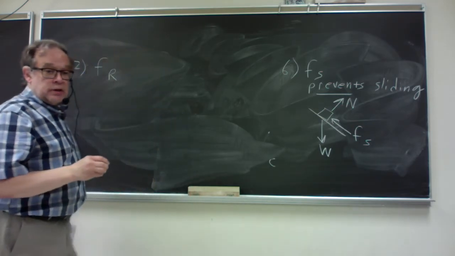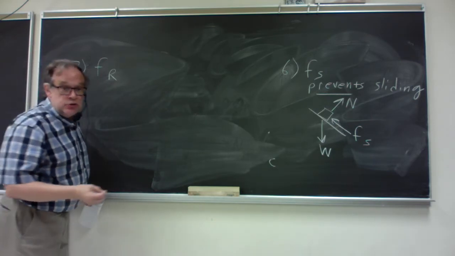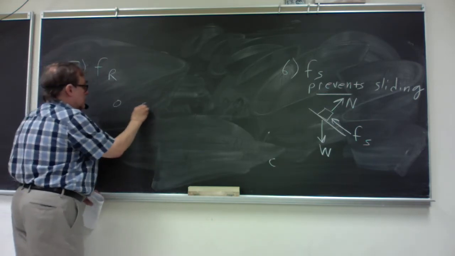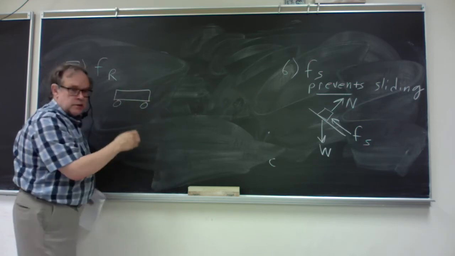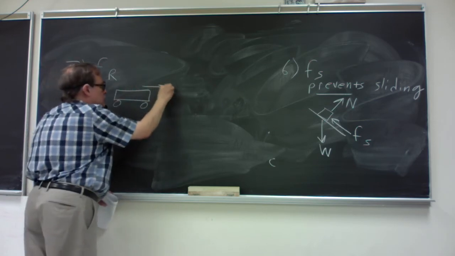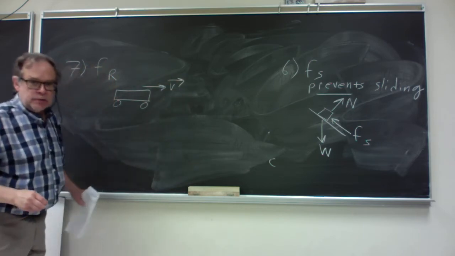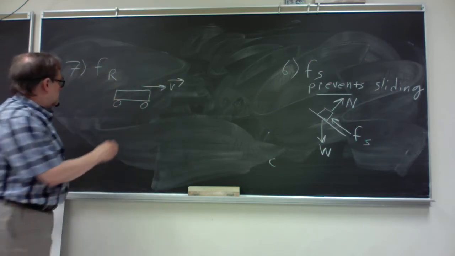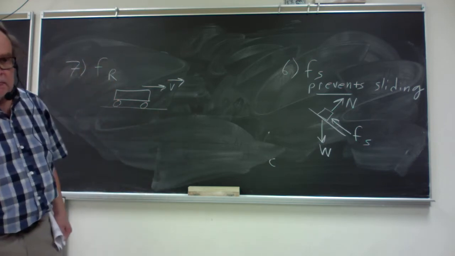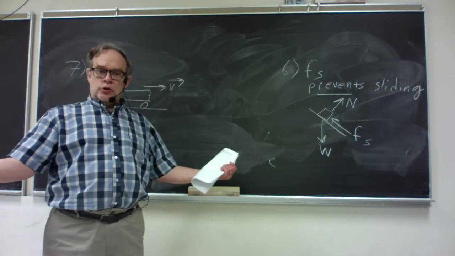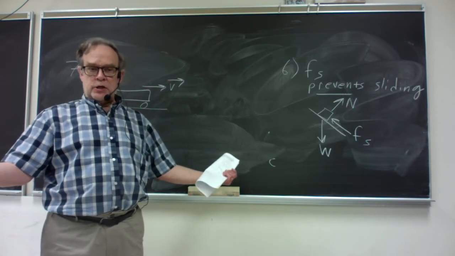Let's just imagine one of the lab carts that you've been working with. There it is. And there's the wheels. And you give the lab cart a push so that the velocity is in this direction. Well, here's the track that the lab cart sits on. You can imagine two different things happening to the wheels.